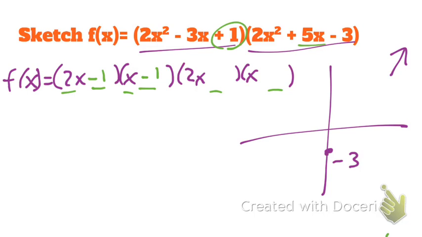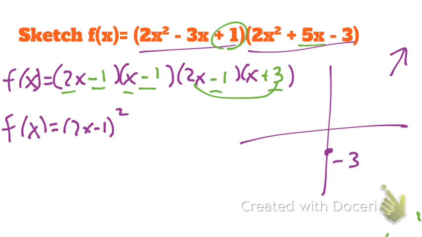So if I put a +3 here, I would get a 6x. But then if I put a -1 there, that would add to be 5x. So there you go. Now, if we were to write this in a simplified way, we could write it as 2x minus 1 squared, because there's 2 of those, times x minus 1 times x plus 3.